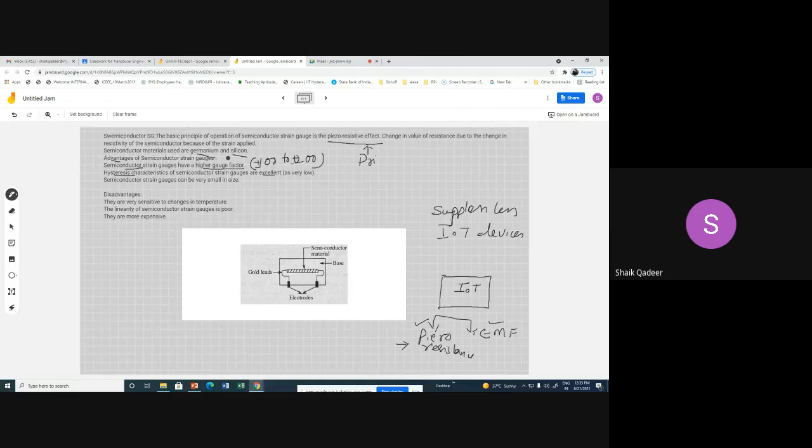That is, the relation between change in input in increasing order as well as in decreasing order will be mostly the same. The size is obviously very small. The size of a semiconductor is much smaller than metal, right? Because a semiconductor can be scaled down and integrated, but metal cannot.